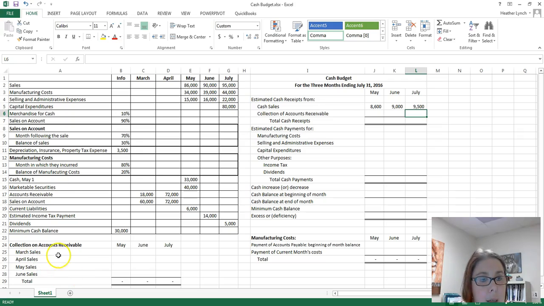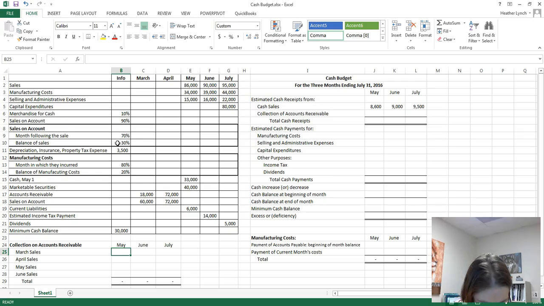I've created a little collection on accounts receivable. So why do we need to know about March sales? Well, the month following the sales on account, we get 70%, and the balance of that, 30%.